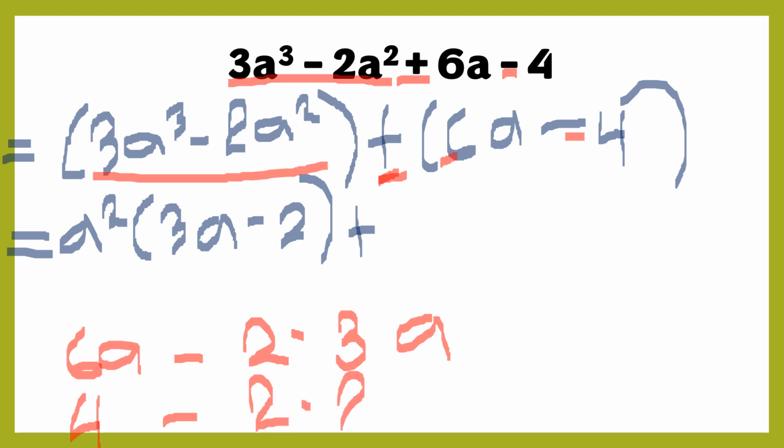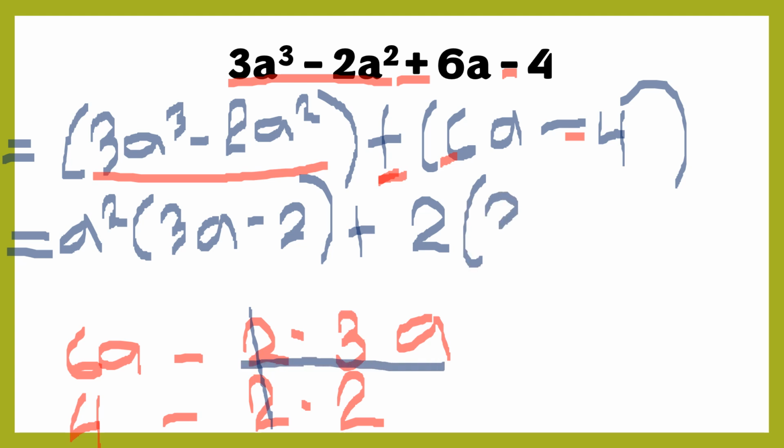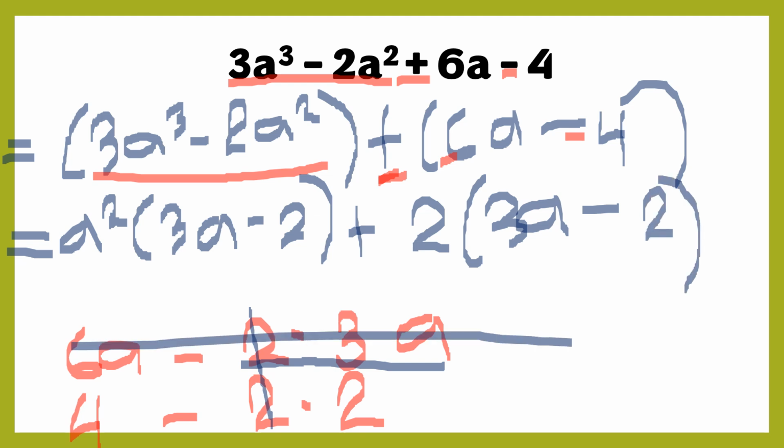That means its greatest common factor is 2. So copy 2 here, open parenthesis. The remaining here we have 3a minus the remaining is 2 and then you close it. Alright, let me erase this first.